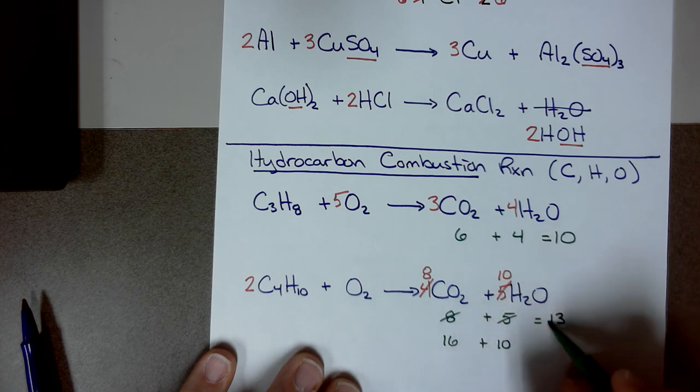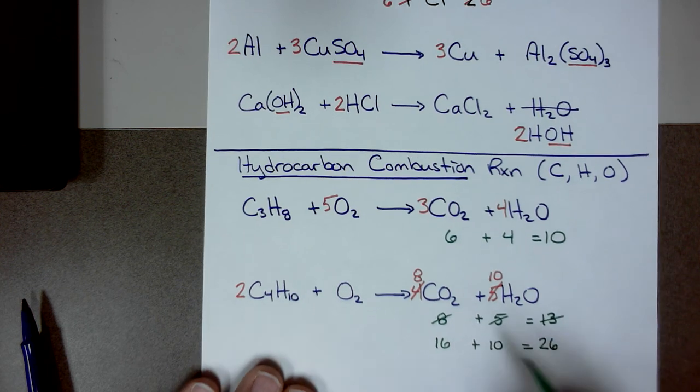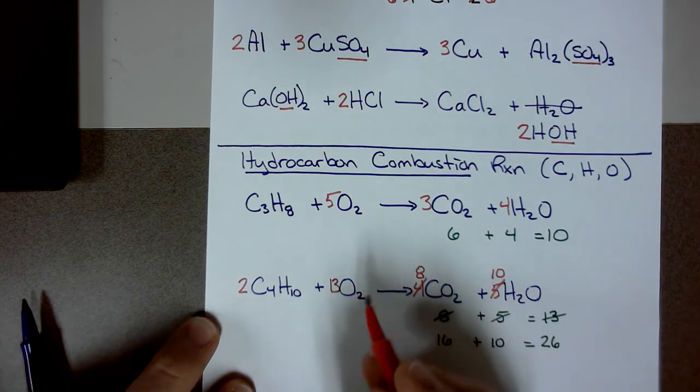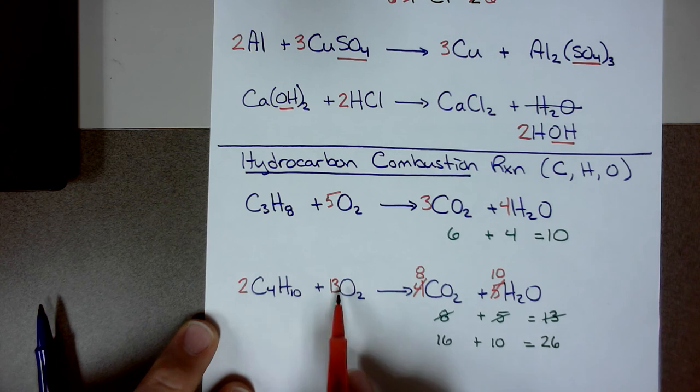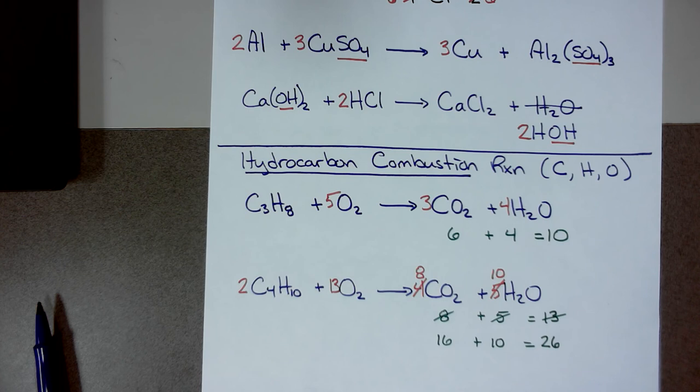So now I have 26 oxygens. 26 divided by 2 is 13. So I put a 13. So this is 2, 13, 8, and 10. And that's a balanced reaction. And we will stop here on writing chemical equations and balancing chemical equations.